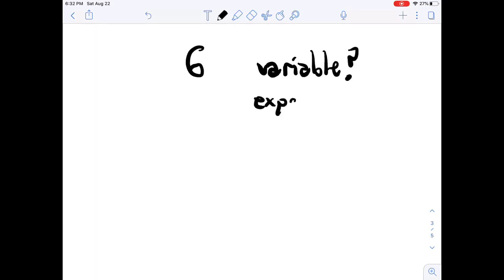Now, I'm going to show you another monomial here that looks a bit more tricky. Just 6 by itself. Now you're probably wondering, well, I have the coefficient, but where is the variable and where is the exponent?